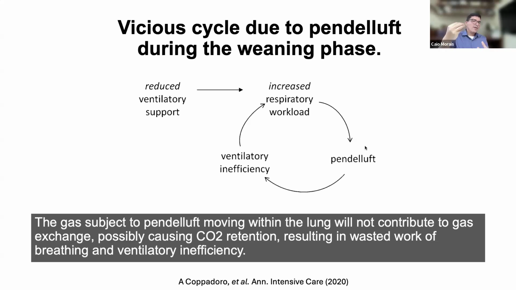We have a gas with high pressure of CO2 and low level of oxygen moving from one side to the other. And this makes the ventilatory system more inefficient, and we may increase the respiratory workload. So this is one example of how pendelluft may help us to understand why some patients are failing the weaning process.